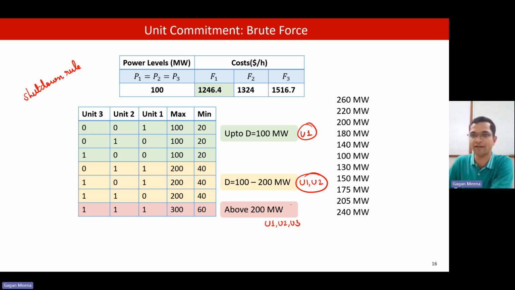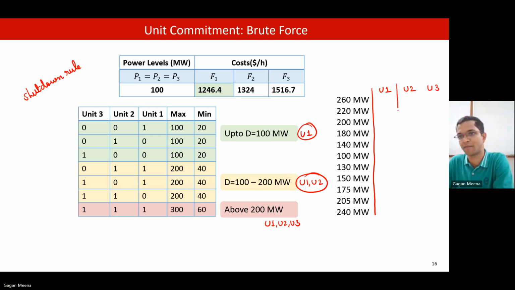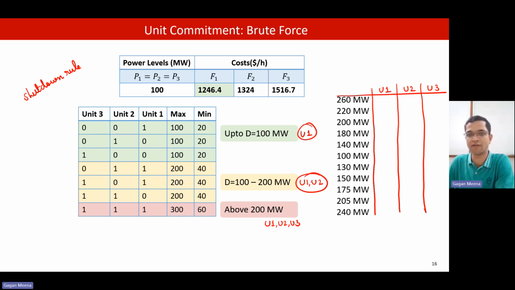Here now we can use this. This is unit 1, unit 2, and unit 3. Let us make this table. For 260 megawatts, which is above 200, all the 3 units are on. 220 is still above, all are on.